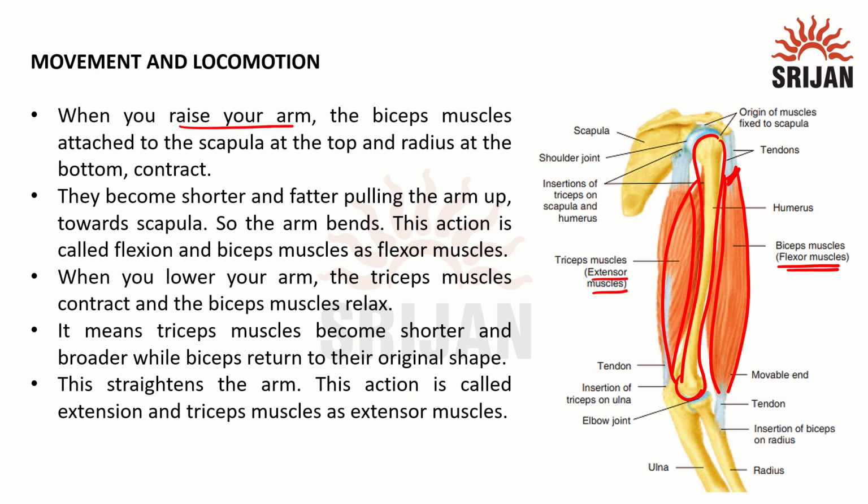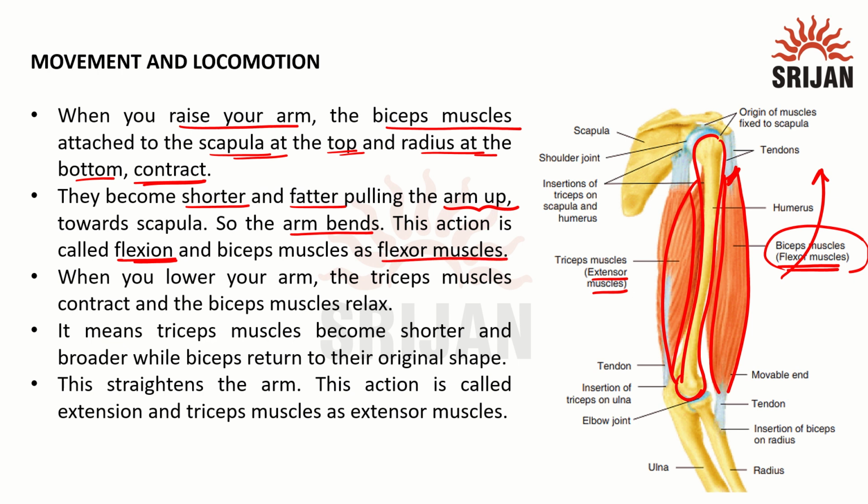When I raise my hand, the biceps muscle, attached to the scapula at the top and radius at the bottom, has to contract, and this makes it shorter and fatter, pulling the arm up towards the scapula. This is the direction of the movement. So the arm bends. This action is called flexion, and biceps muscles are known as flexor muscles.